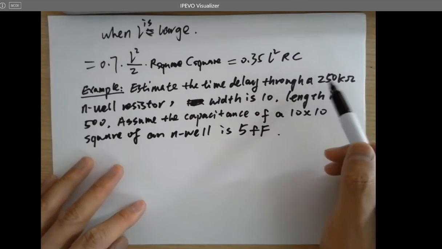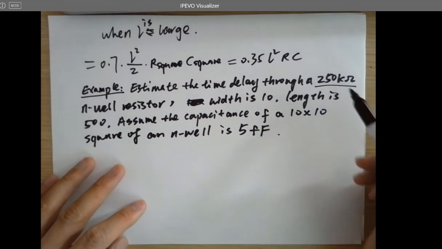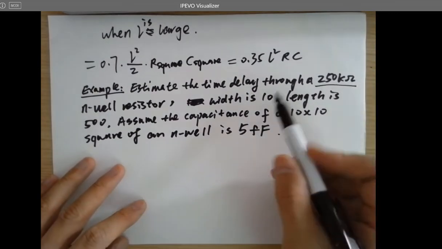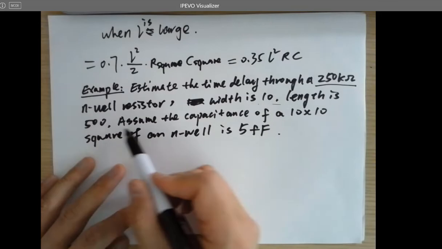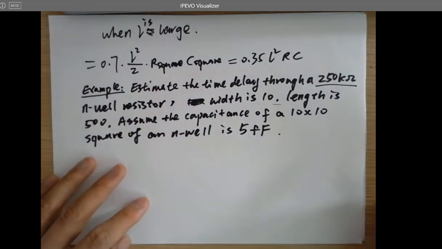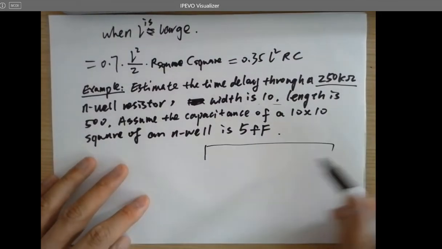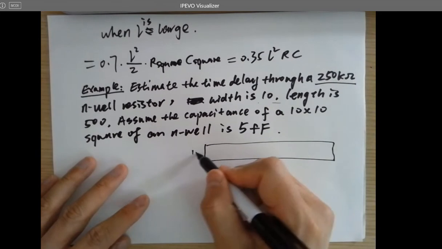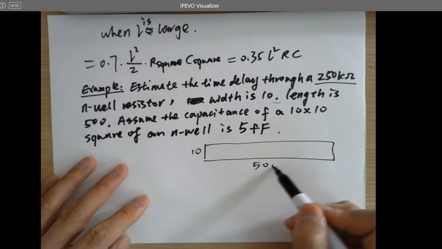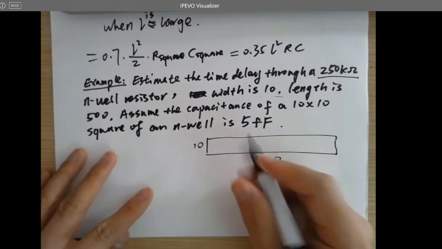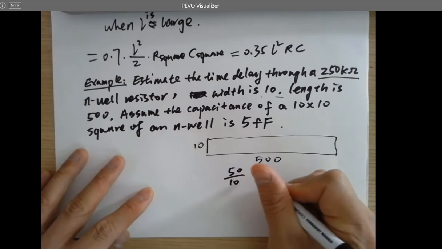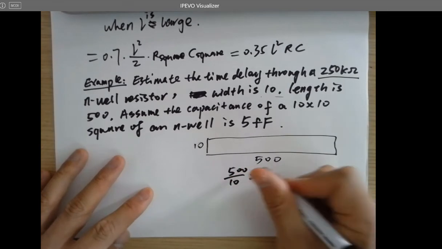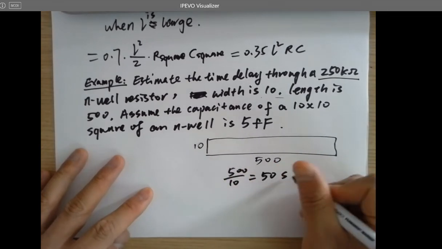So this is a 250 kilo ohms resistor, and the width is 10, length is 500. How many squares are there? This is 10, this is 500, so 500 over 10 is 50 squares.